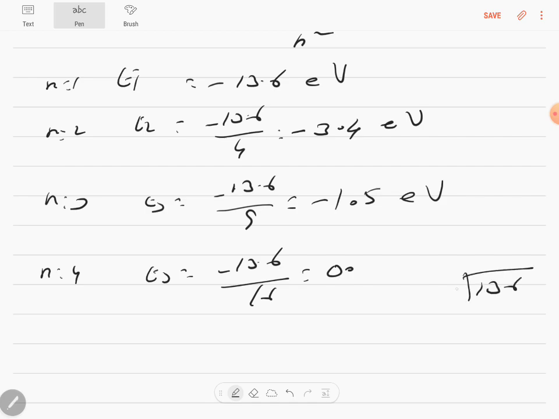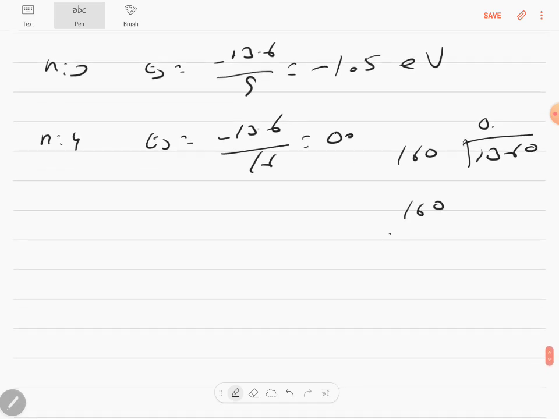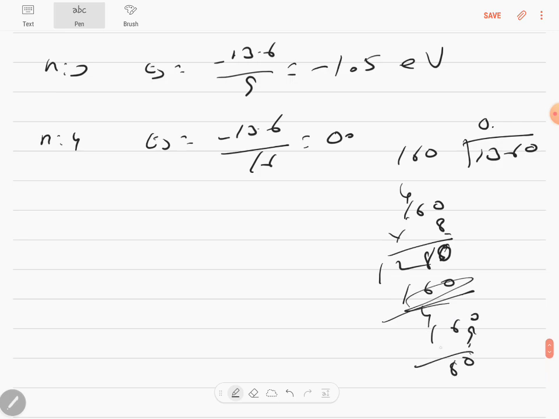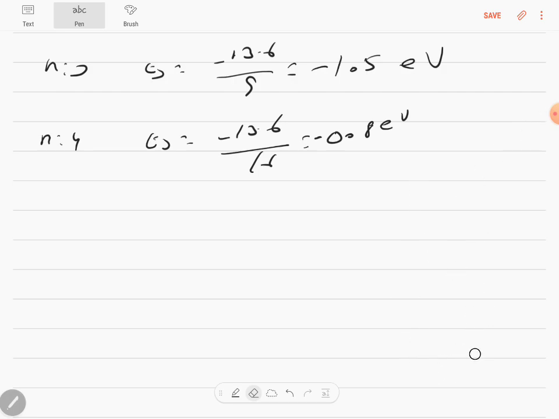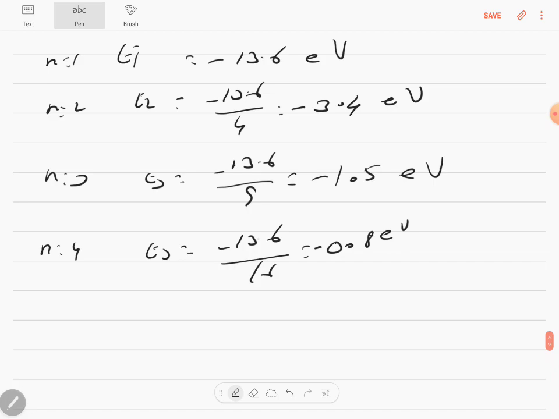It's 136 by 160, correct? 160 into 8 is 1280, and if you add another 160 it goes beyond that. 160 into 9 is 1440, more than 1360. So approximately 0.8 electron volt. n equal to 5, and so on. Thus you know the energy of every orbit by using this formula.